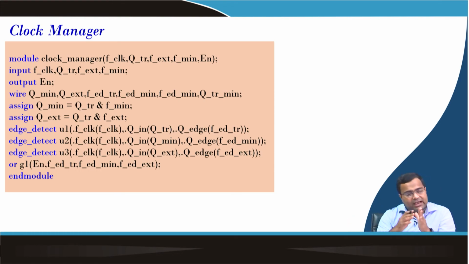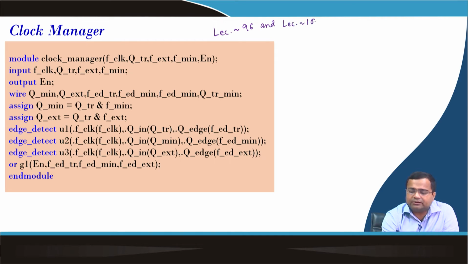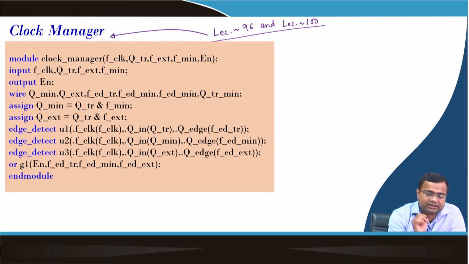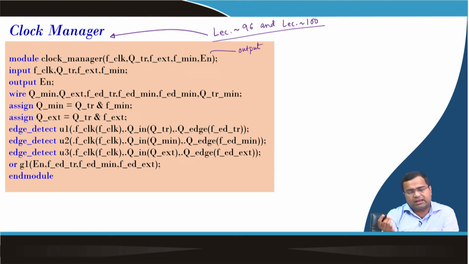And we know for any adaptive on timer, as discussed in lecture numbers 96 and 100, any constant on time or adaptive on time modulator requires a clock manager circuit, which will generate the enable clock. It ultimately generates the output, and that will be the input to the adaptive on time modulator, or you can say the constant on time modulator, and the QTR is the input.